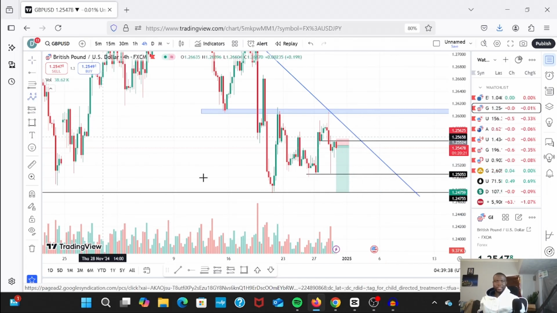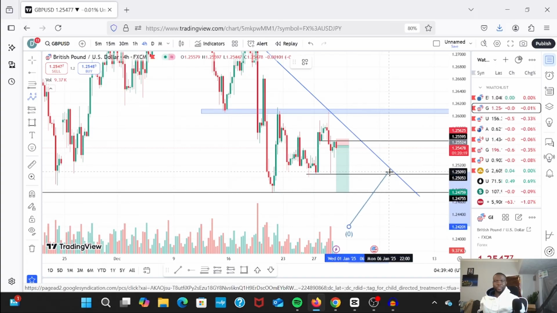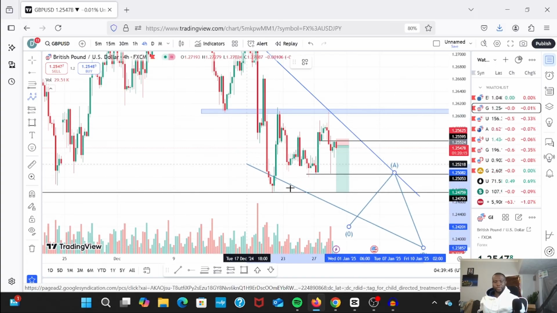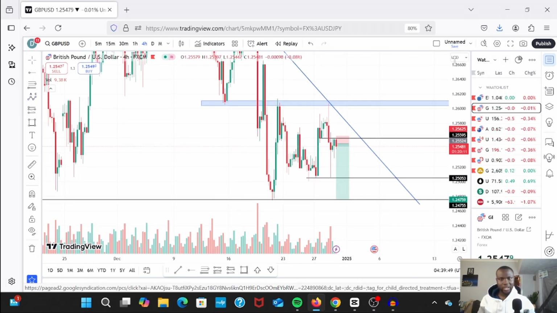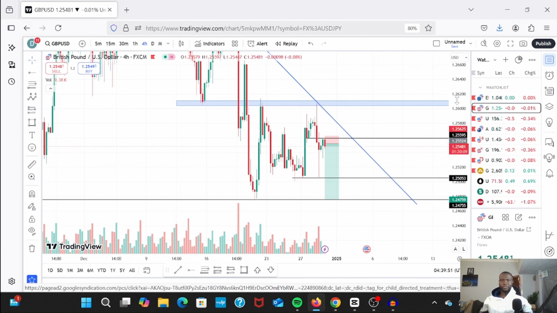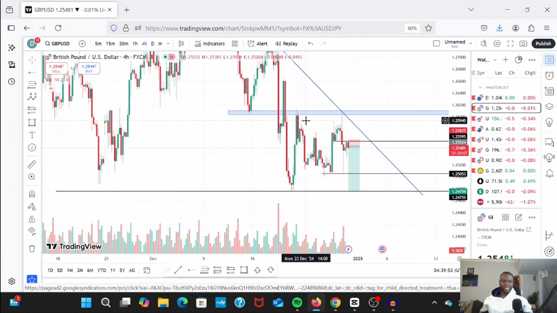Another retest from this point to this point, then the market keeps coming down. So let's just watch out and see what we're expecting further in the market. Currently, I think these are the two pairs I'll be analyzing for now. So let's watch out and see the outcome of these pairs.